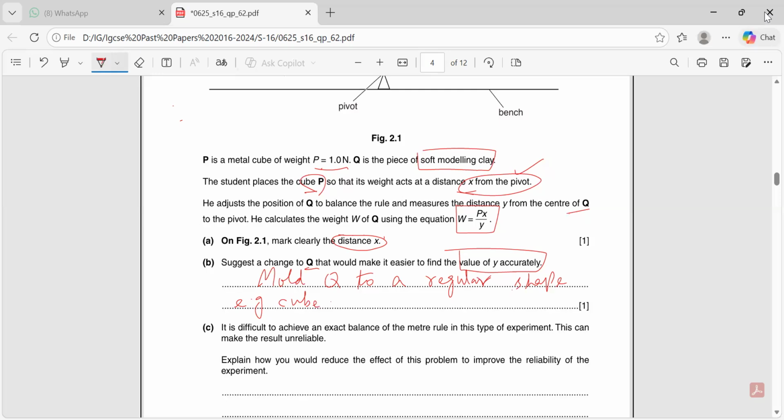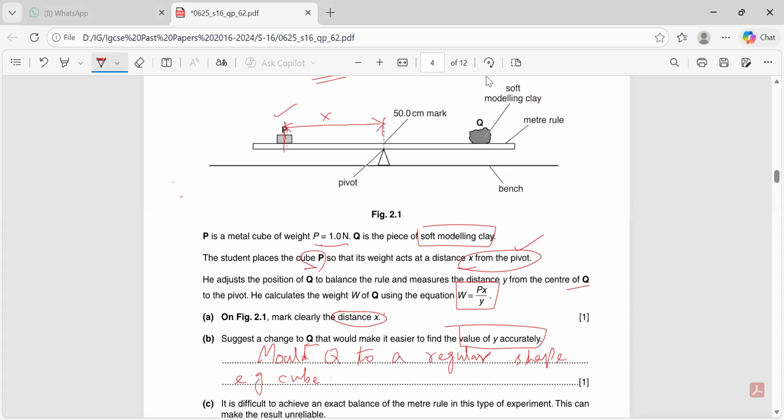Okay, mold. American says MOLD and MOULD in British, so if we have to take the exam in the British curriculum, MOULD. Mold Q to a regular shape like a cube, because it is not a regular shape.